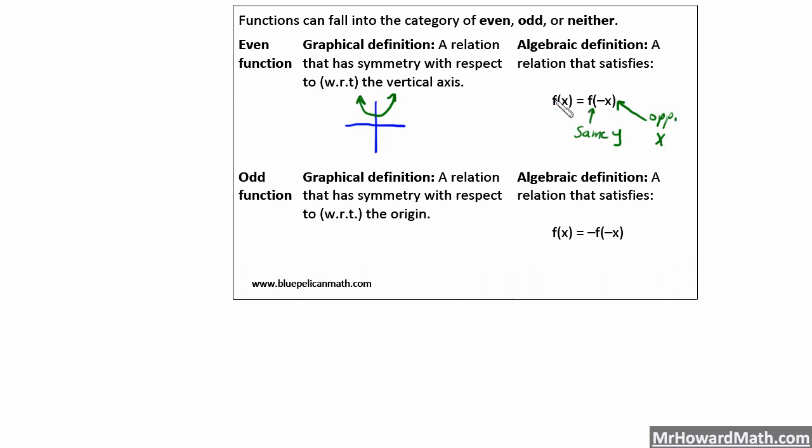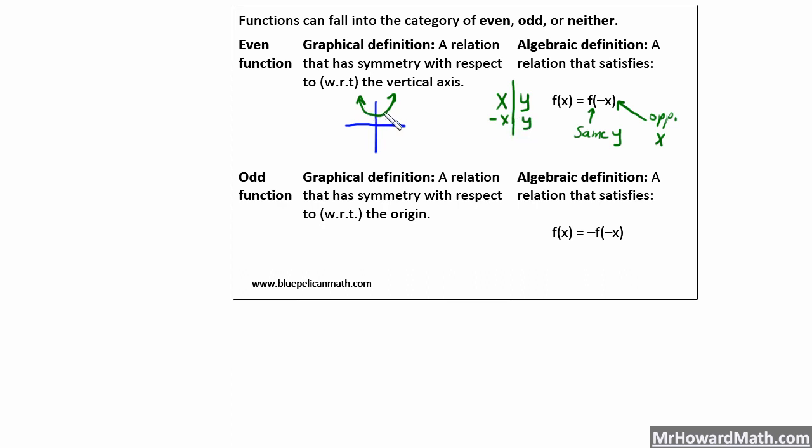For every x value, the same y value is also paired with its opposite. In a table you're going to see x and y, and then you'll see negative x is also paired with that same y coordinate.